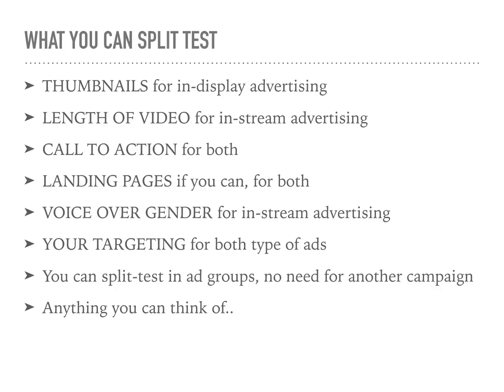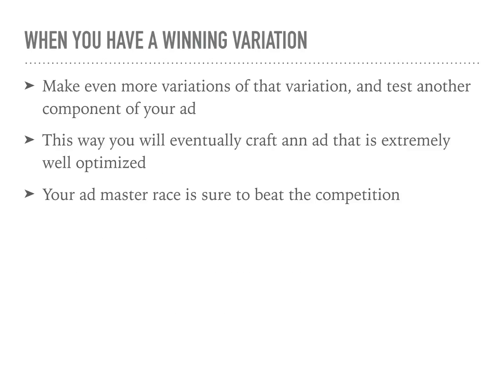Anything you can think of. Honestly, if you think you can split test it, go ahead. So when you have a winning variation, say you split test 3 different colors for thumbnails, one comes out on top. You can make even more variations of that variation and test another component of your ad. For example, you have green, red, okay, for the color of the thumbnail. Red does better.